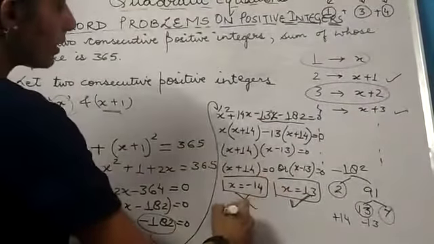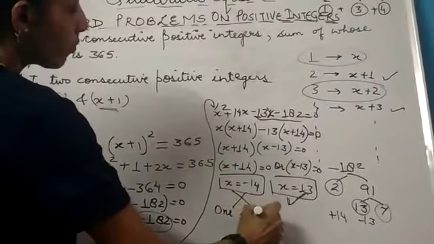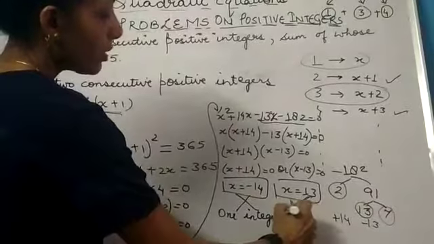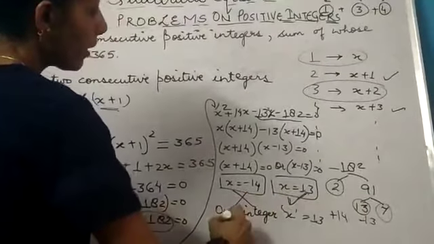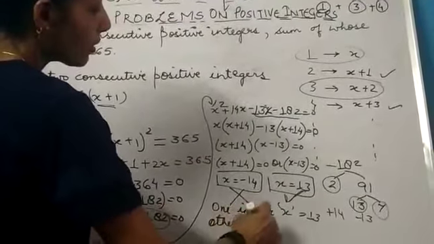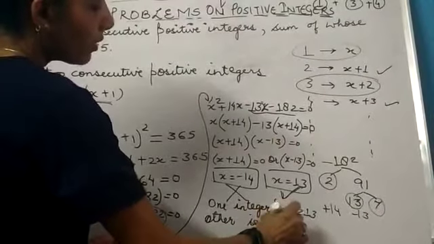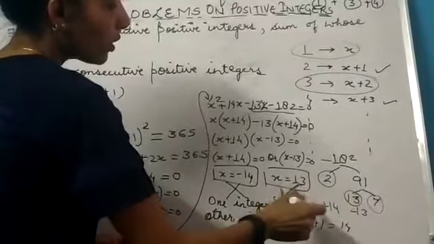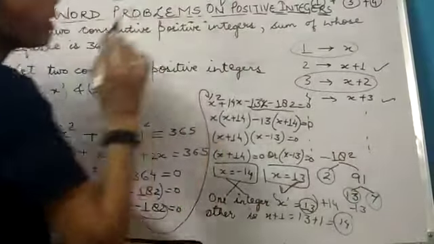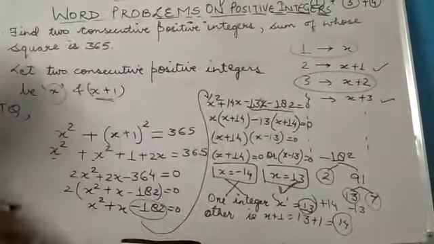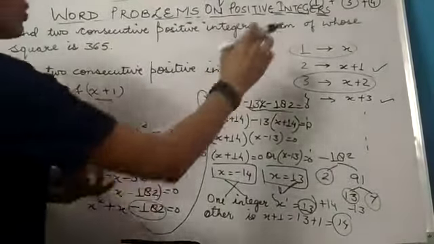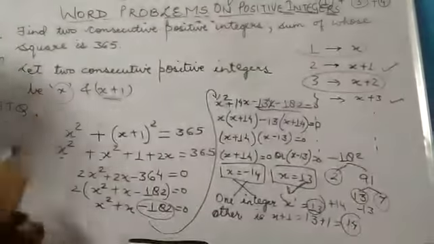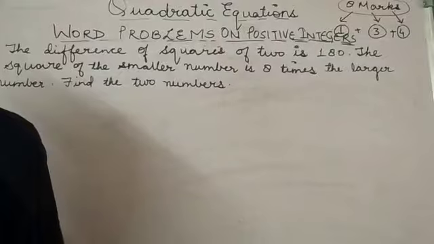That means one integer, which was x, is equal to 13, and the other is x plus 1, which means 13 plus 1, which is equal to 14. So 13 and 14 are the two consecutive positive integers the sum of whose squares will give you 365.